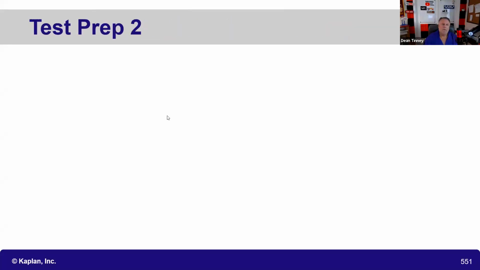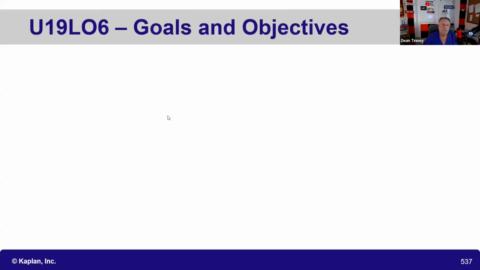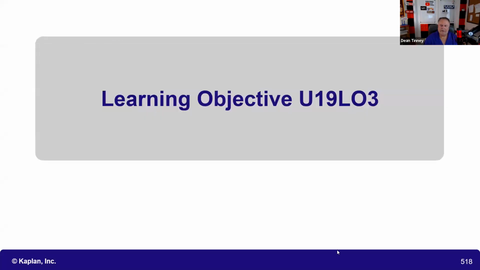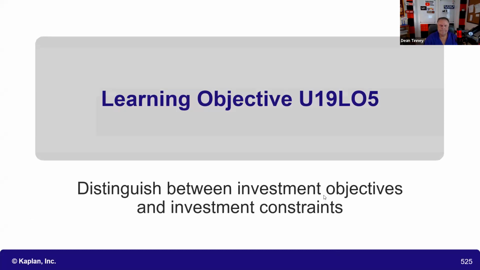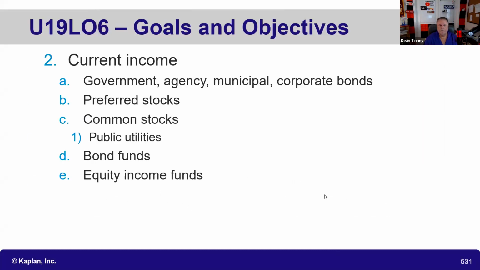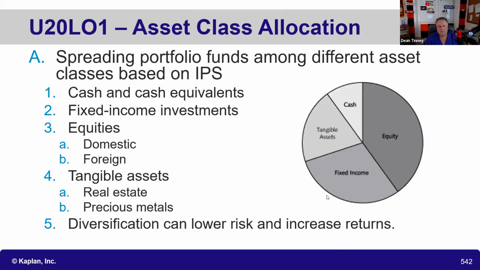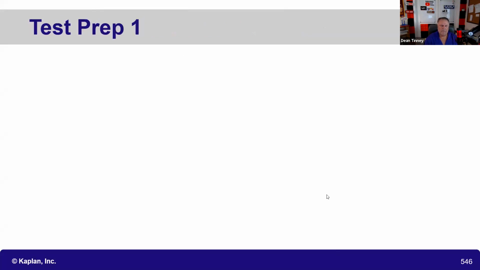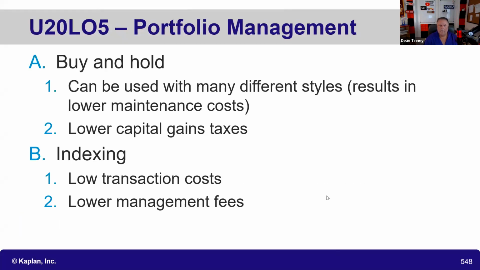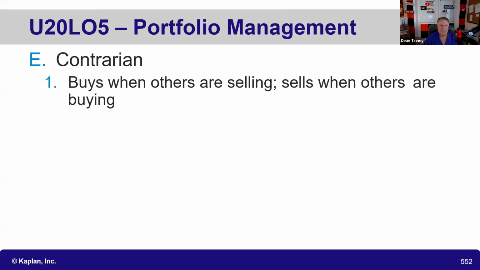Total return is very testable. Total return is what you make from the investment's income stream and or price appreciation. So in that one, I think I have a slide for that. Let's see if I can find the slide for that. I think it should have been in the same one I just showed you, but for some reason I can't find it.